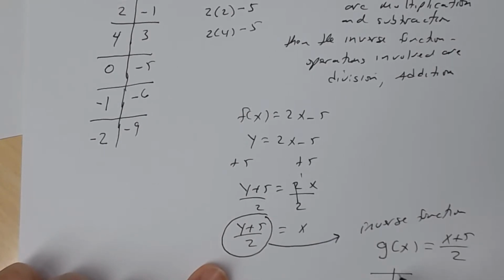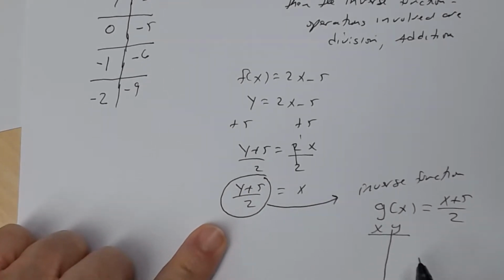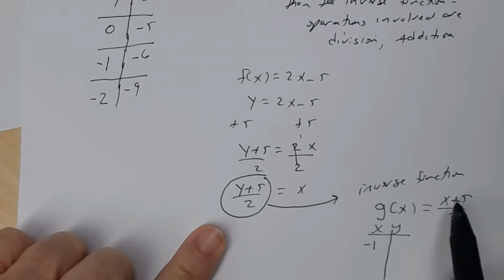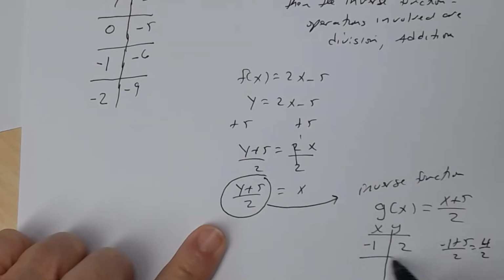If I let x be negative 1, notice what happens. Negative 1 plus 5 is positive 4, divided by 2 gives me 2.